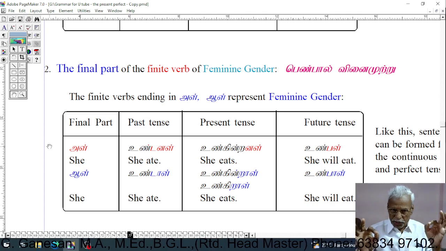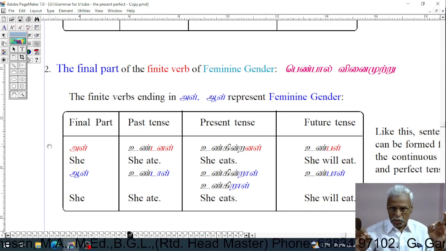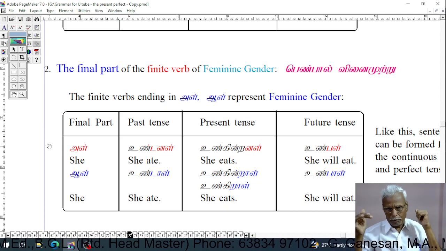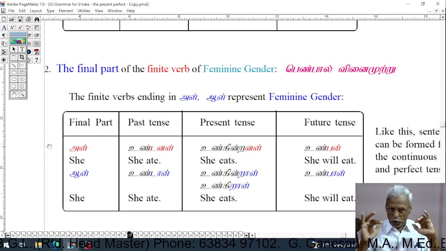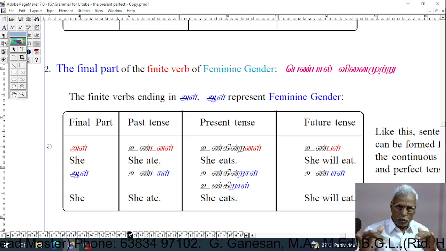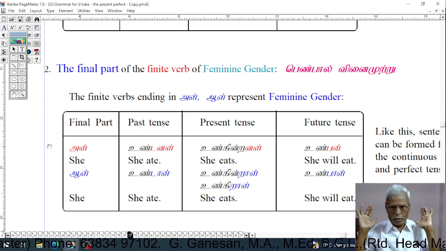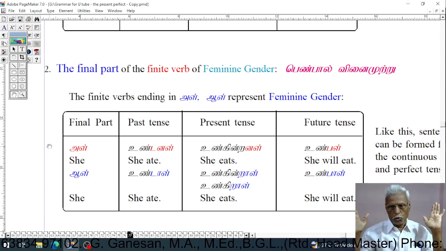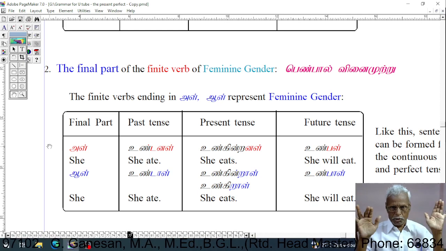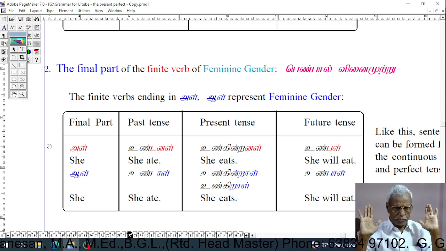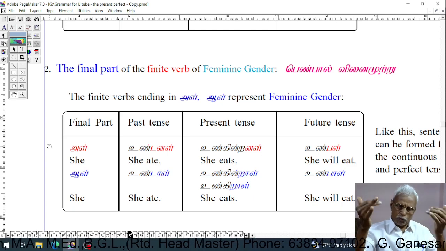In English, she ate, she eats, she will eat. Another final part, aal: undaal, ungindraal, unbaal, or ungiraal. In English the same: she ate, she eats, and so forth.